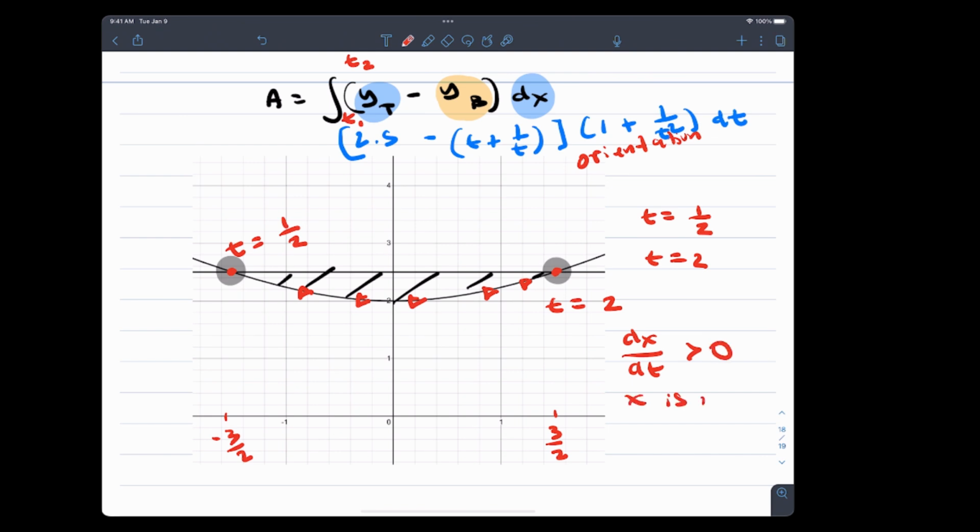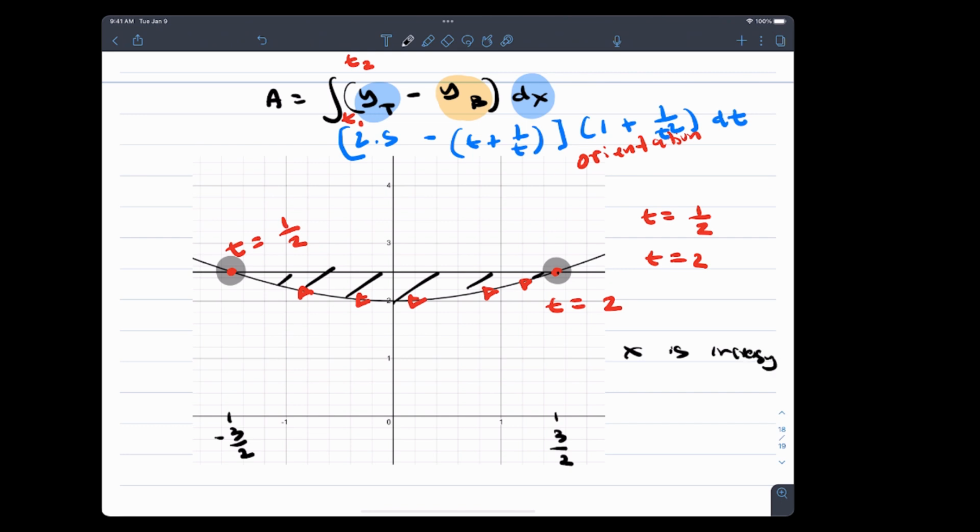Okay, x is increasing. And maybe I should use the black color because your x value when t is 1/2, your x value over here, right? That's the x value. That's the x value. So x is increasing.